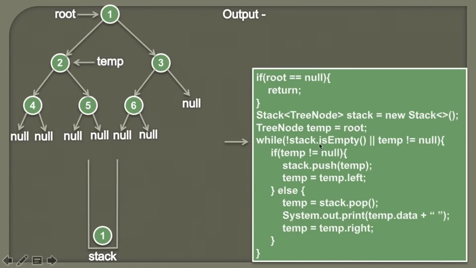In the while loop we'll again check whether stack is empty or not, and then whether temp is pointing to null or not. Currently stack is not empty and temp is pointing to the node 2, therefore it's not null. So the condition in the while block comes out to be true. And then in the if block we check whether temp is equal to null or not. Here temp is pointing to the node 2, therefore it's not null. So the condition in the if block comes out to be true.